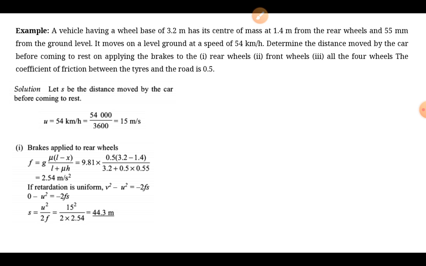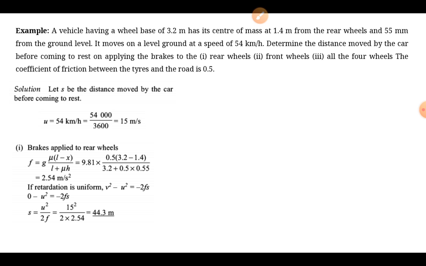So now once we have retardation, by using the basic equations of motion, we can find the distance traveled by the vehicle before coming to rest, right? You must be familiar with this formula: v square, which is the final velocity of the vehicle, minus u square, the initial velocity, is equal to minus 2fs, where f is retardation.